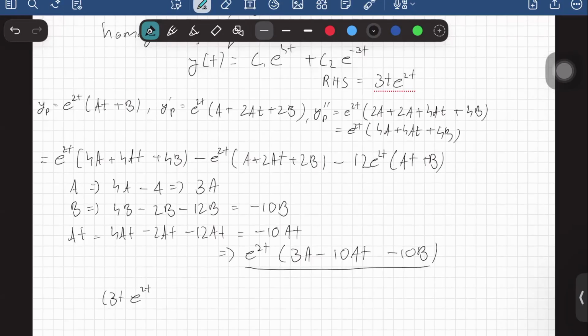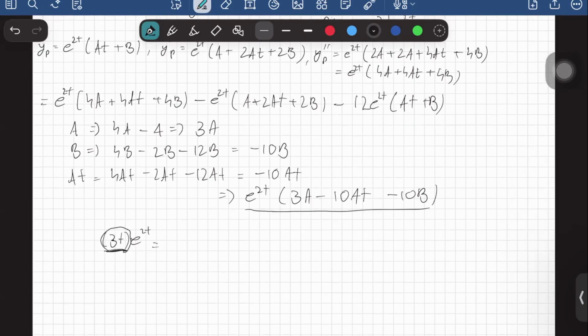This is what we want the RHS to be. So we're just going to compare this equation to the one that we just found. So that gives us 3a minus 10at minus 10b. And we can just cancel both these e to the power of 2t terms out because they're common in the LHS and the RHS.